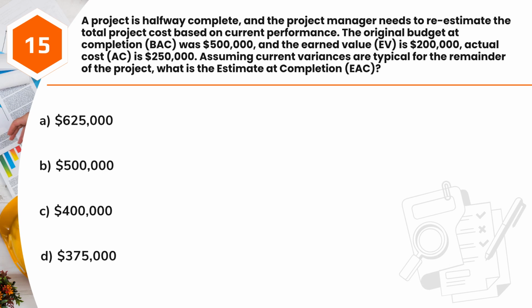Assuming current variances are typical for the remainder of the project, what is the estimate at completion, EAC? A. $625,000. B. $500,000. C. $400,000. D. $375,000.